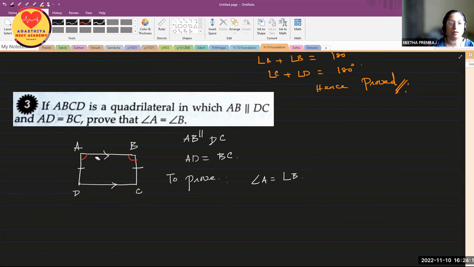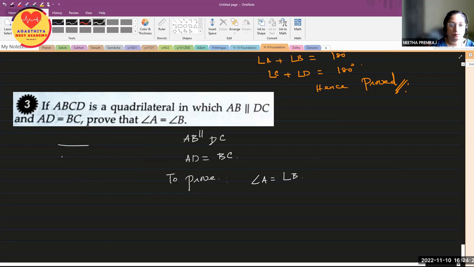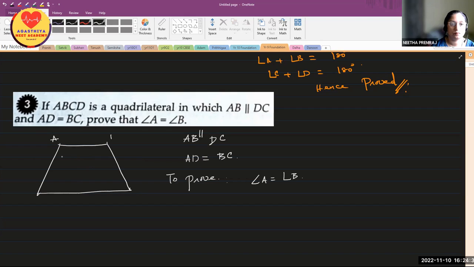I change the figure, because I change in a different way. These two are parallel and these two are equal. Now you have a better understanding. Now I want to prove these two angles are equal.